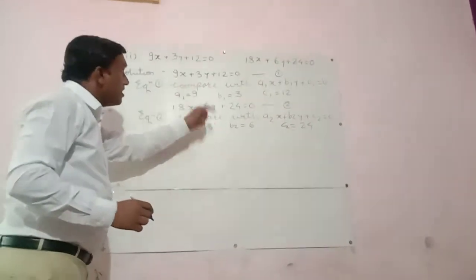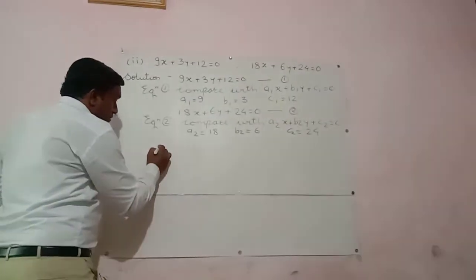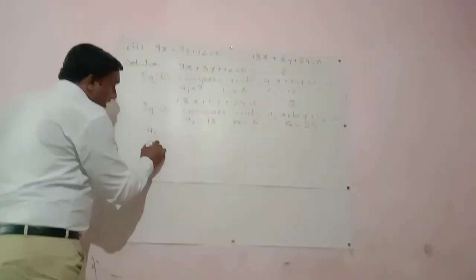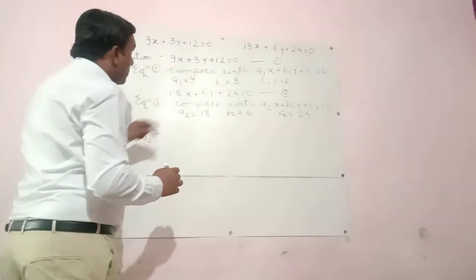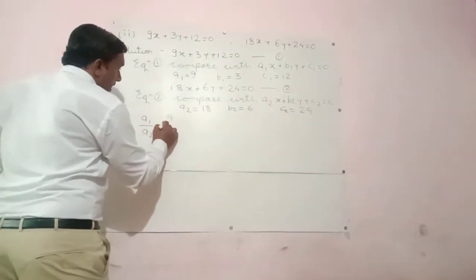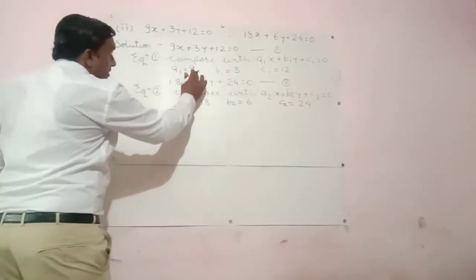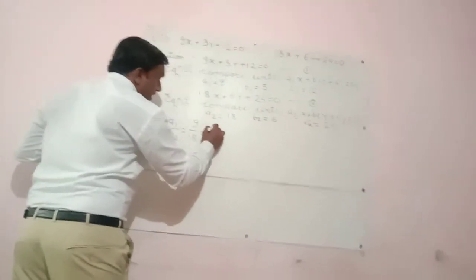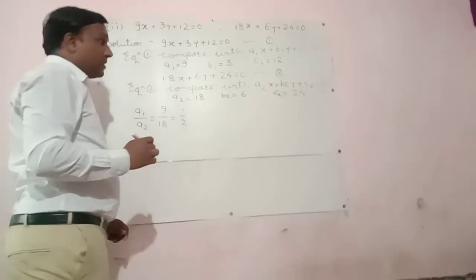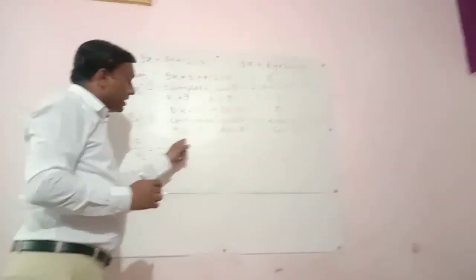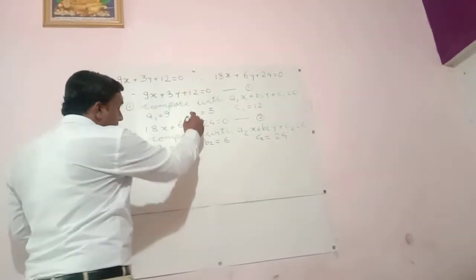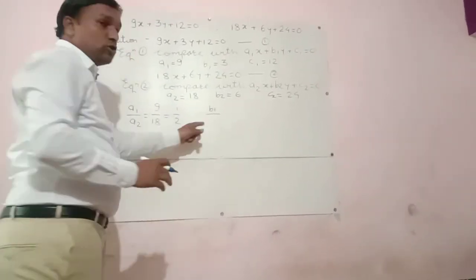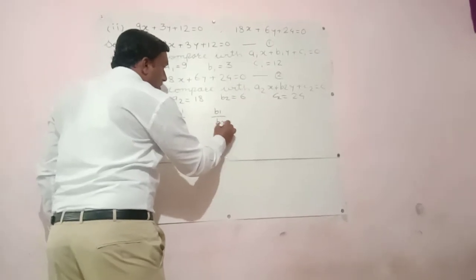Now we will compare these ratios. a1 upon a2: we get 9 upon 18. 9 1s are 9, 9 2s are 18, so we simplify it to 1 by 2. Now we see the ratio b1 upon b2.